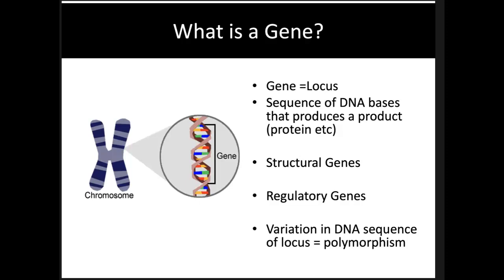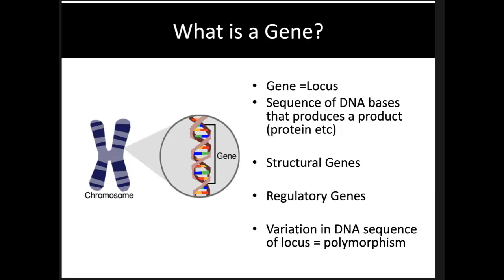When we talk about DNA, or we talk about genes, we have structural genes and we have regulatory genes. Structural genes are also known as exons, and these code for the production of something. Could be a protein, for example. Regulatory genes are the genes that turn on and off structural genes.